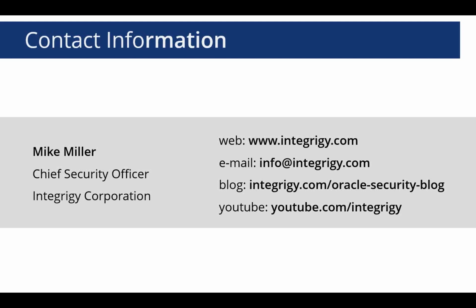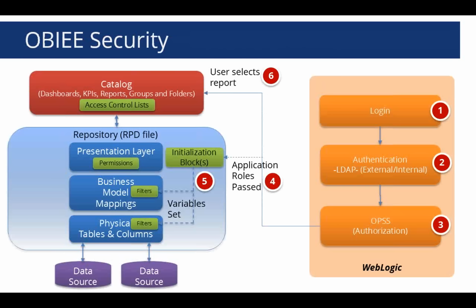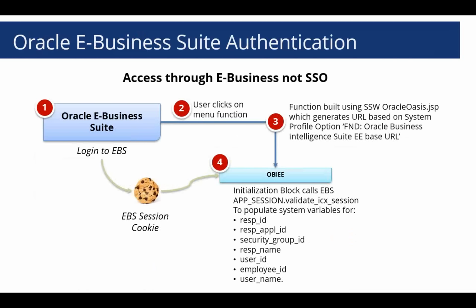Okay, next one. How can we avoid using the apps password on the OBIEE side and connecting to EBS? Probably not the best idea. If I go back up to the slide itself, what's happening with the authentication is that in the initialization block, you can see here that the apps session validate needs to be called.